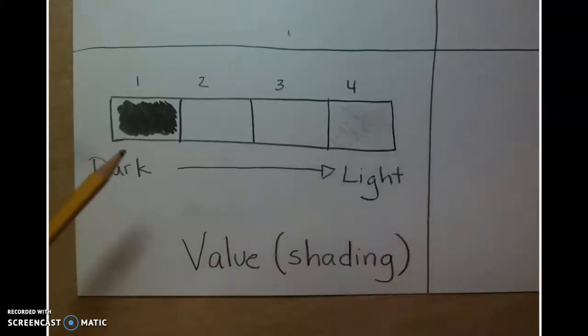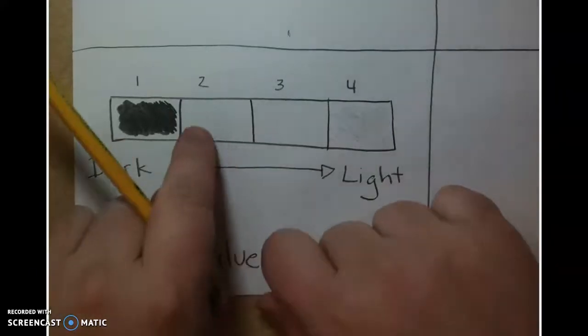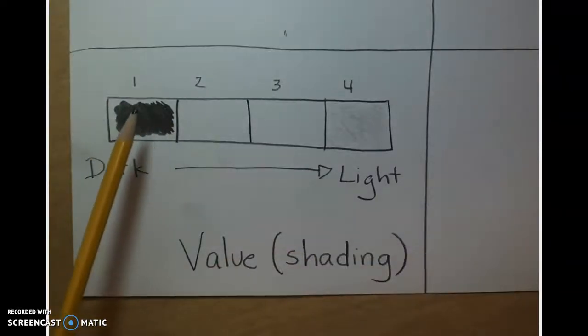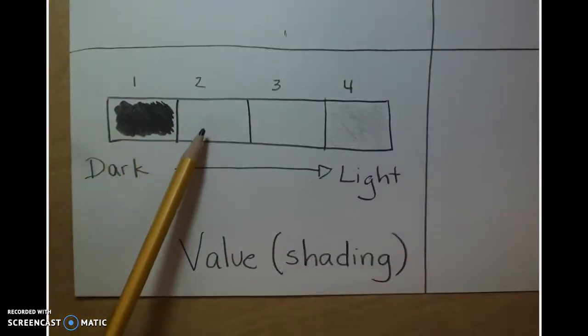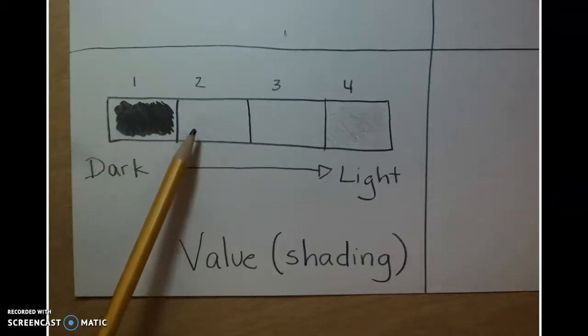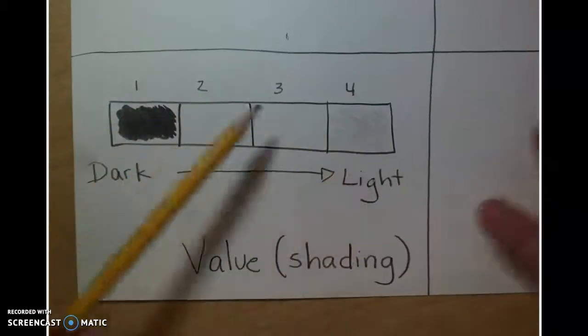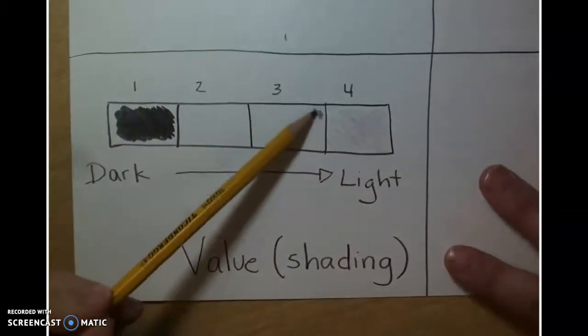The next step is we're going to do number 2 and number 3. Number 2 is going to be a little bit lighter than number 1. And number 3 is going to be a little bit darker than number 4. So I'm going to start with number 3.